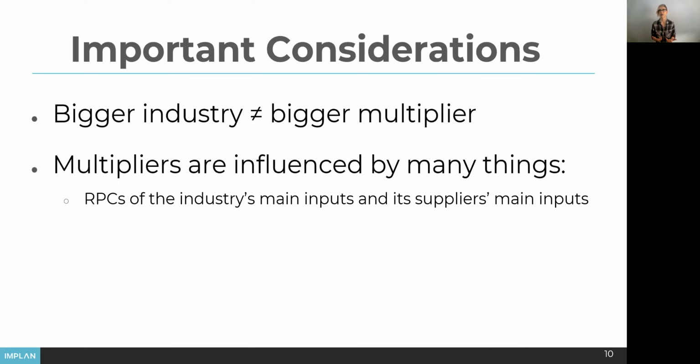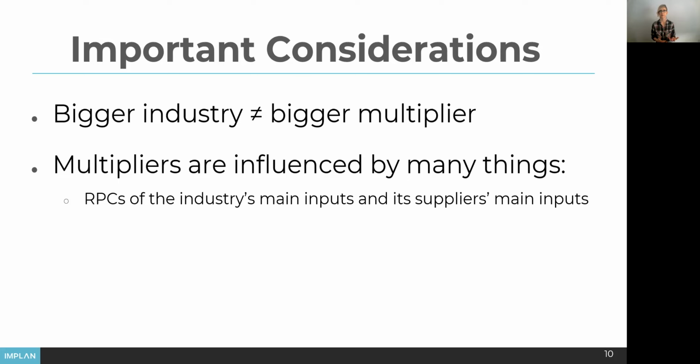what's the percentage of local demand for this thing that can be supplied by local producers of that thing. So an example would be if the RPC for grain was 90%, that means that 90% of the local demand for grain can be met by local production of grain.